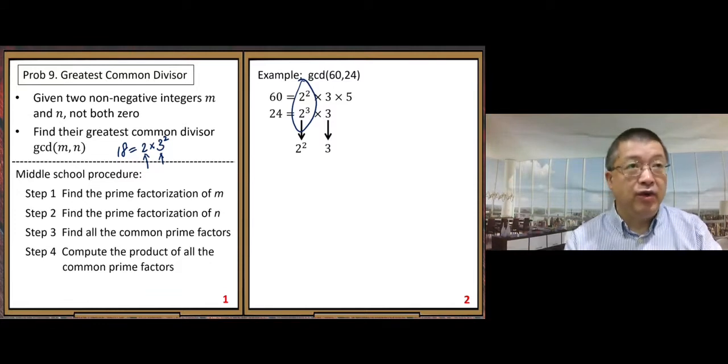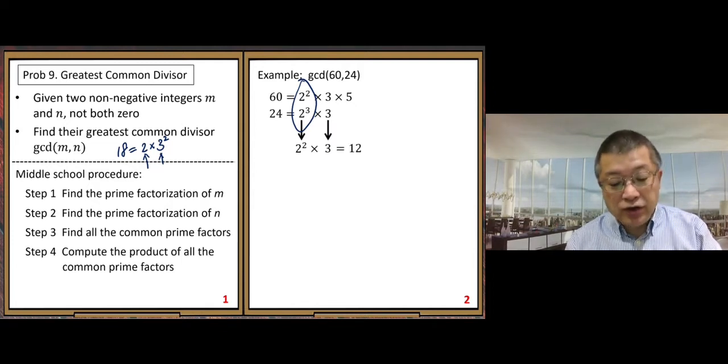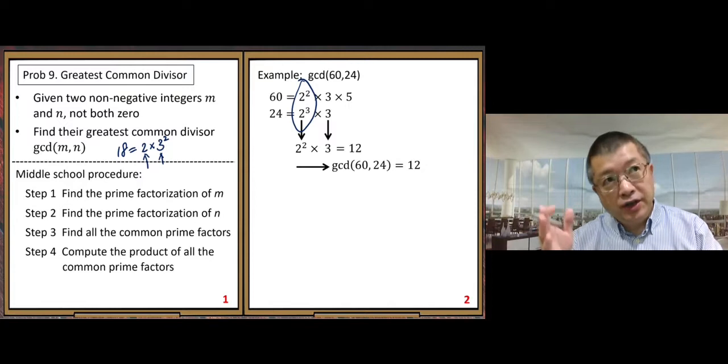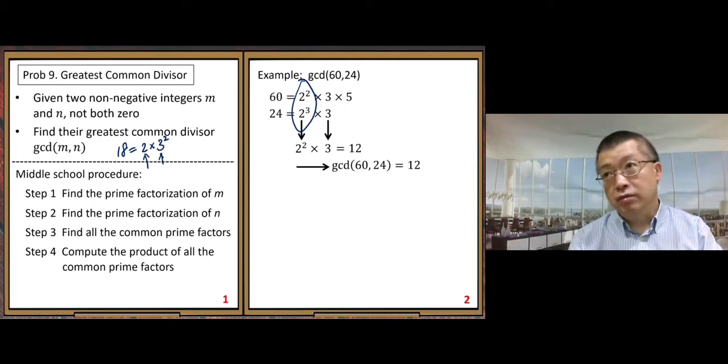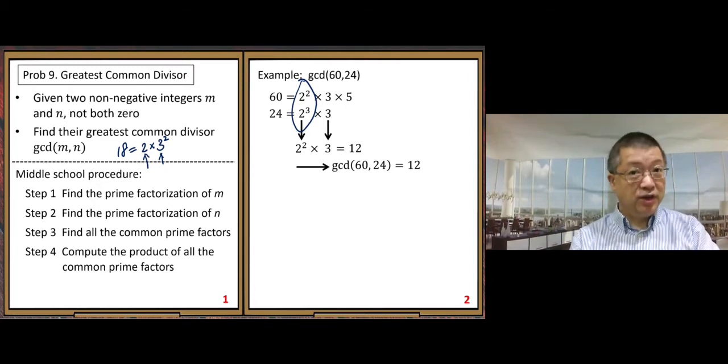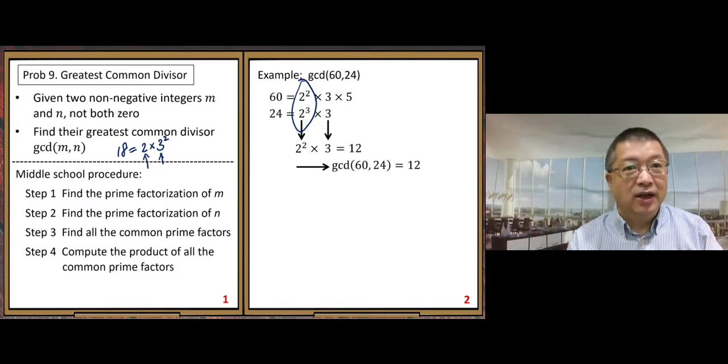But 5 is not common, so we don't include it. The answer is 12. The conclusion: GCD of 60 and 24 is 12. That's our middle school method. It looks pretty simple, right?